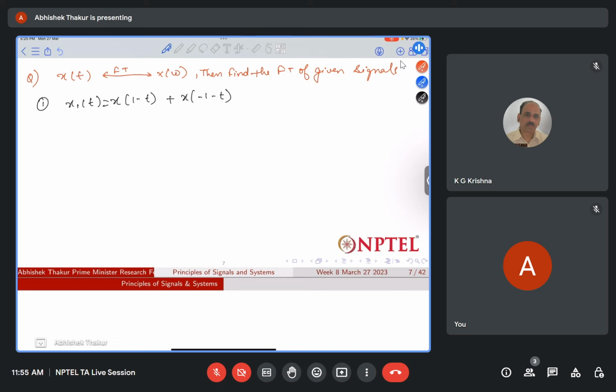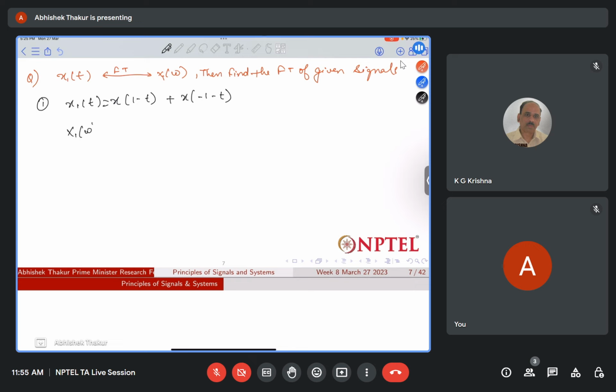So if we have to find the frequency transform of this, we know that the transform of x1(t) is X1(omega).